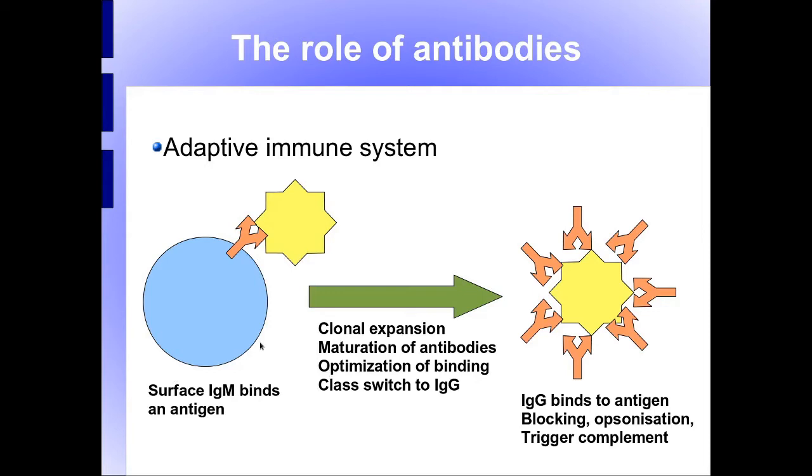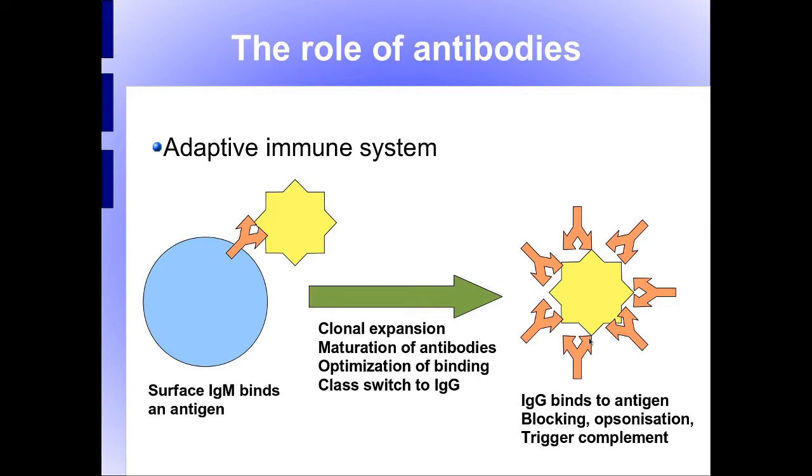And this can then also lead on to so-called class switching, where instead of producing IgM and IgD antibodies, we go on to produce other antibodies that are secreted from the cell, including IgG, which is the major plasma type of antibody. This then binds to antigen, it blocks it, stopping it from being able to interact with cells.